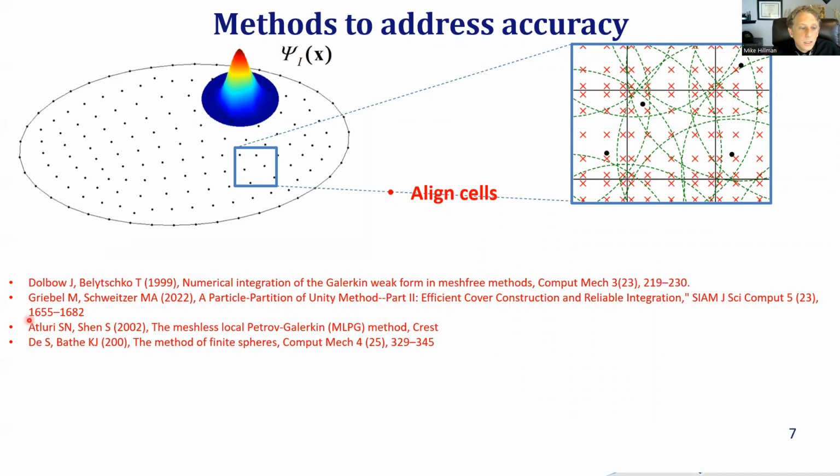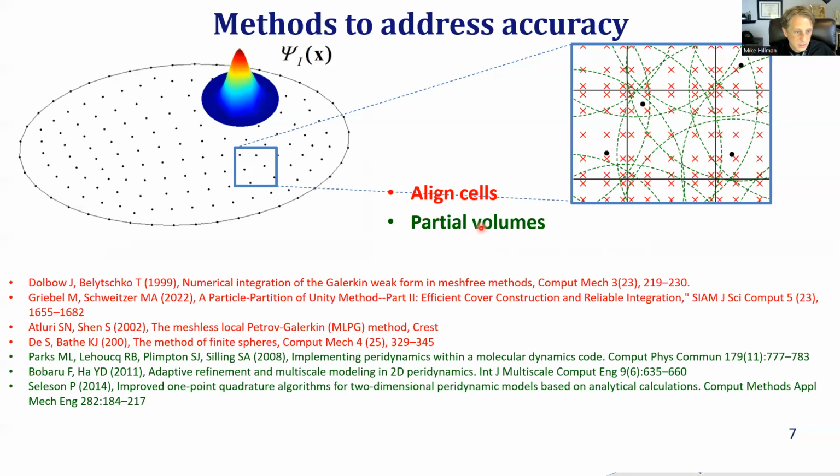So there's several techniques, notably the MLPG method, which is really the spirit of these methods is to align the supports and the cells, right? And there's lots of algorithms that you can come up with to align those. As you get into multiple dimensions, it's going to be obviously more complicated.